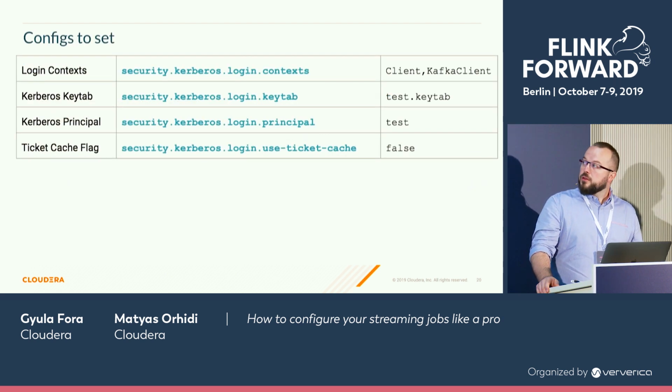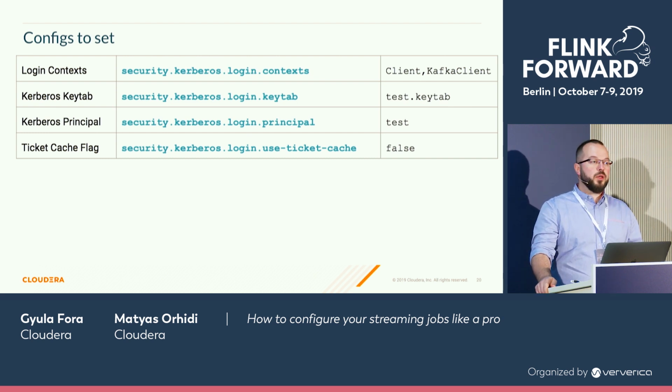These are the corresponding Kerberos configs to manage. Usually, you use keytabs for long-running jobs. The keytabs make sure that once your Kerberos ticket expires, you have an encrypted file that you can use to renew the ticket before it happens.